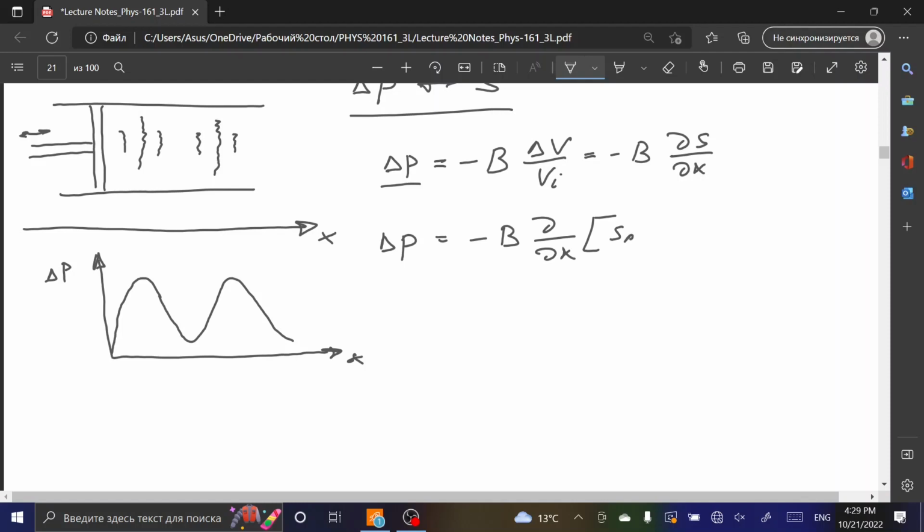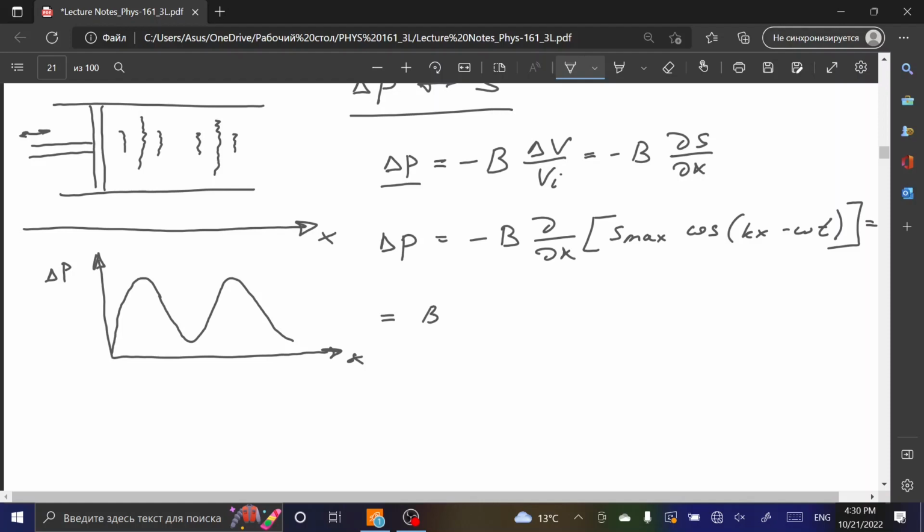So we have S maximum times cosine of (kx minus omega t). So let us take this partial derivative, assuming that t is a constant. So we get, actually, minus will go away, so we can skip it.